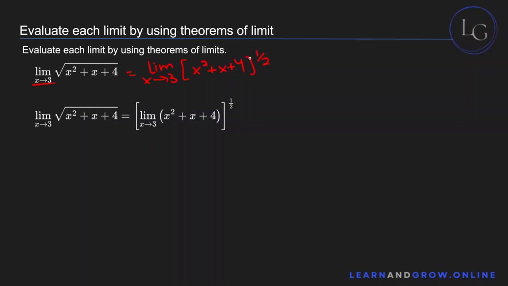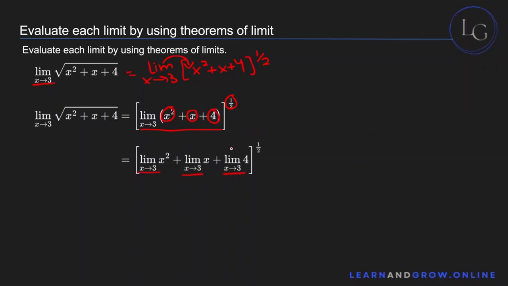Now, you can take the limit inside the bracket and apply the power as a whole. So now you have x squared plus x plus 4 as x approaches 3, whole to the power 1 by 2, right? Now, inside this bracket, you can apply the limit separately on the x squared, the x, and the 4, right? So you have this.